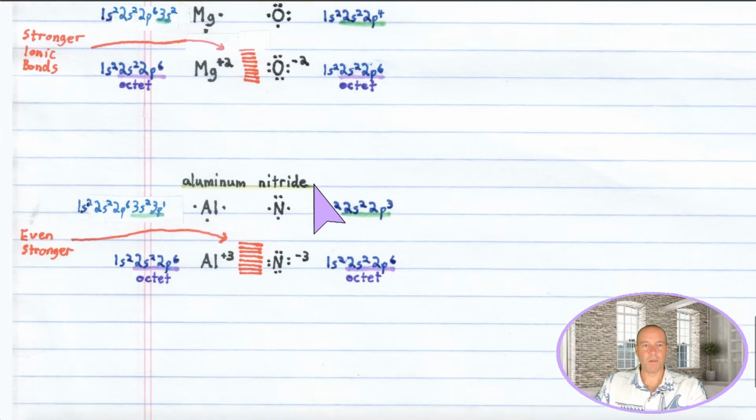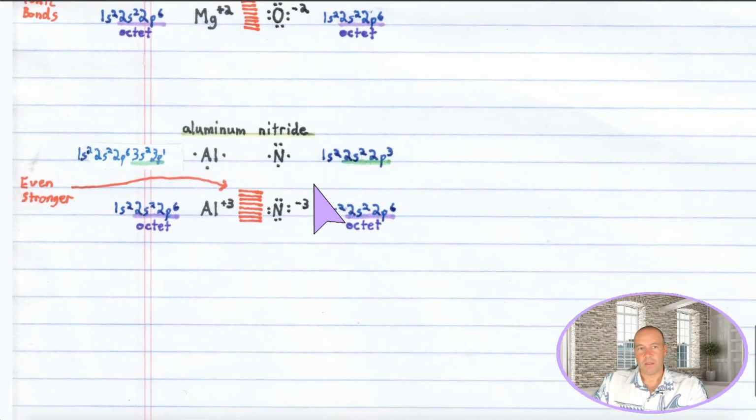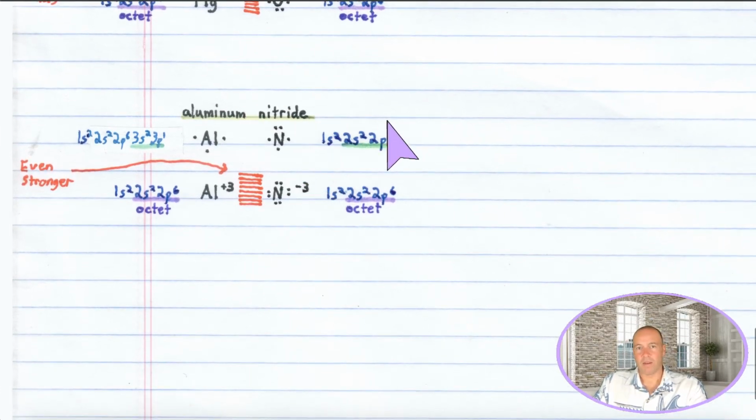Now one more example of an ionic compound, aluminum nitride, and there's no formula right here, but it's again a 1-to-1 ratio, AlN. So to examine the ions and the ionic bonding, let's first write the dot structures of the atoms.